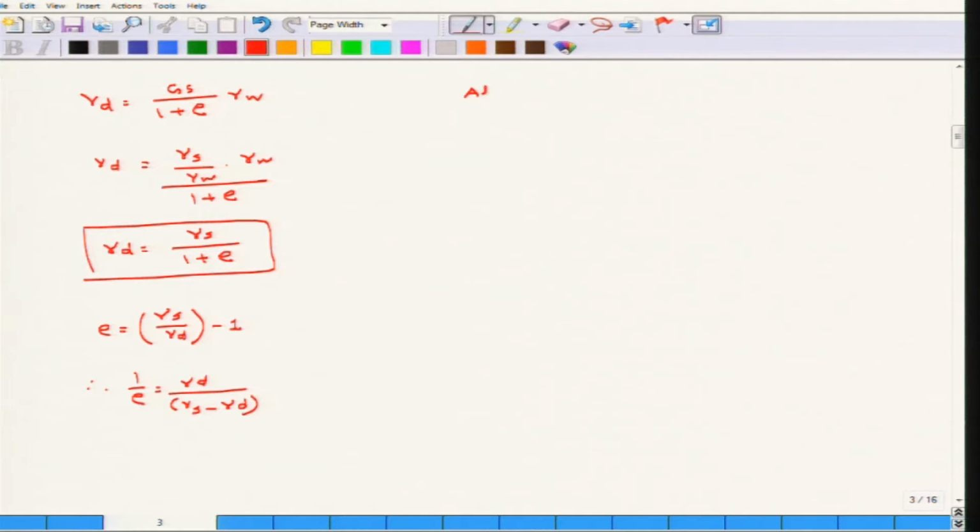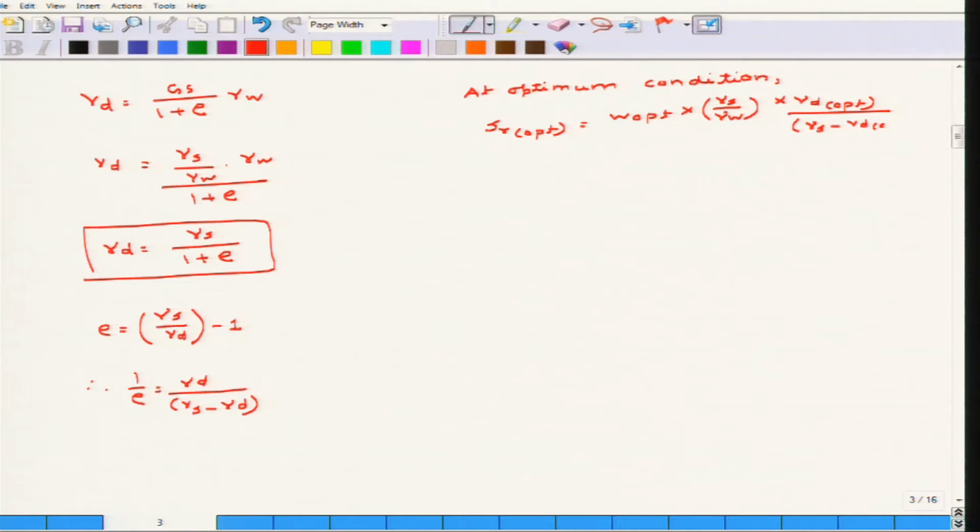So at optimum condition we are asked to find out what the degree of saturation is. At optimum condition, SR optimum is equal to W optimum into gamma S by gamma W into gamma D optimum by gamma S minus gamma D optimum.